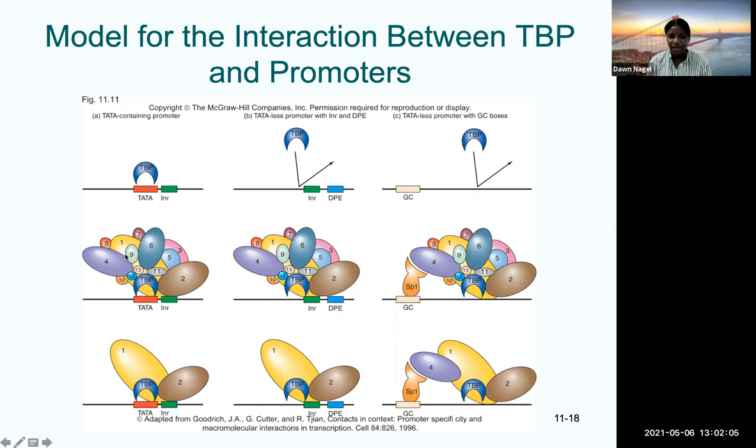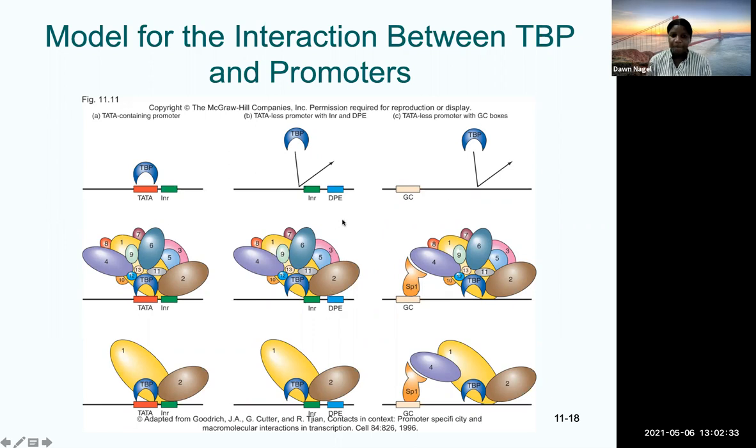And if you have a TATA-less promoter, TBP cannot bind, because there's no TATA box present. But instead what you have is the TAFs, which is subunit number 2, and that's able to recruit TFIID as well. And the TAFs are what's recognizing this initiator and DPE element, and you can still initiate transcription that way.